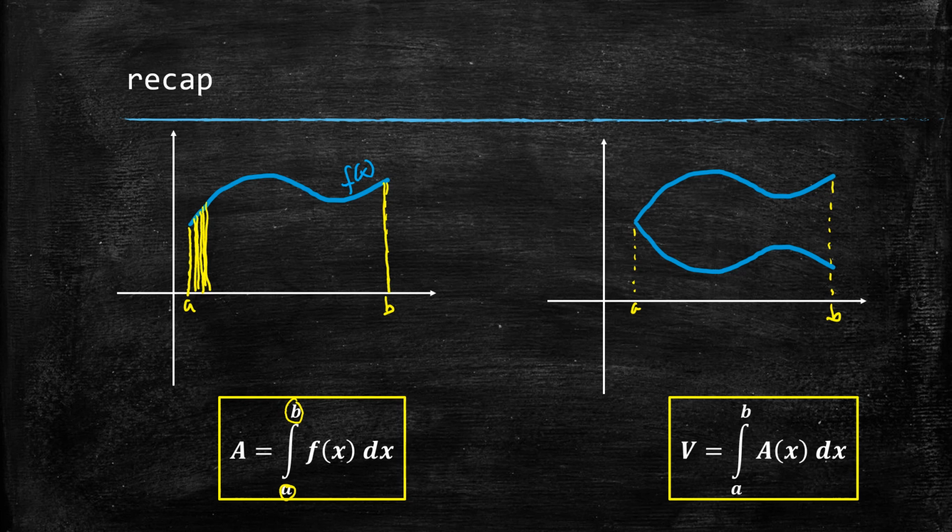An area of a cross-section could look like this, so this would be A of x in that position, and at any position A of x is going to vary because it's a function of x. If we add up all those areas from A, which is virtually nothing, to B, so to these, this is a vase on its side, we sweep out the whole volume of the solid.